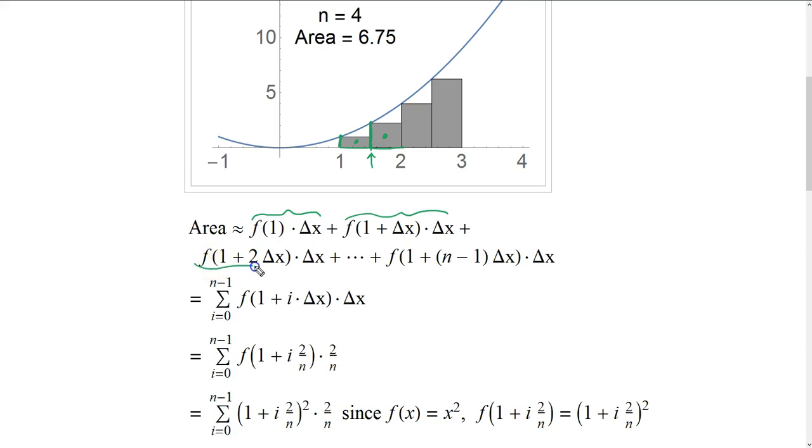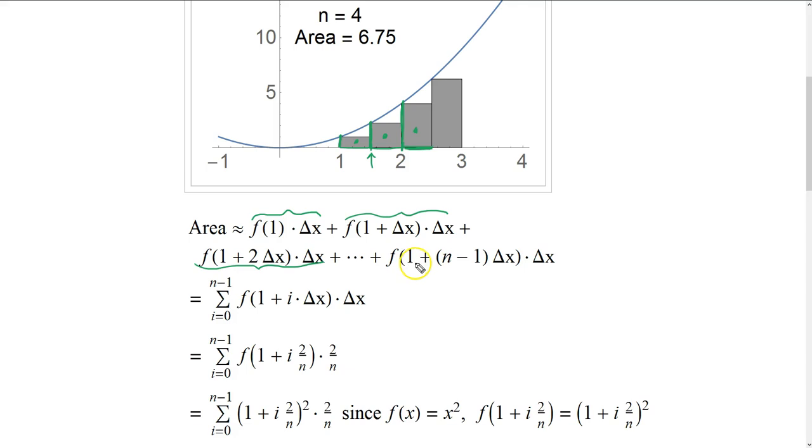This quantity right here would be the area of our third rectangle. Notice f of 1 plus 2 delta x would give us this distance times the width, and that gives us the area of the third rectangle, and so on.